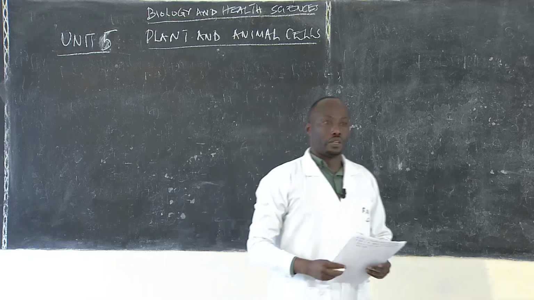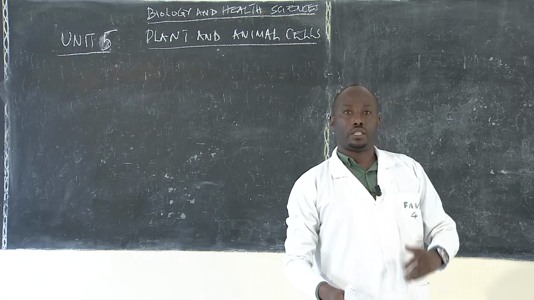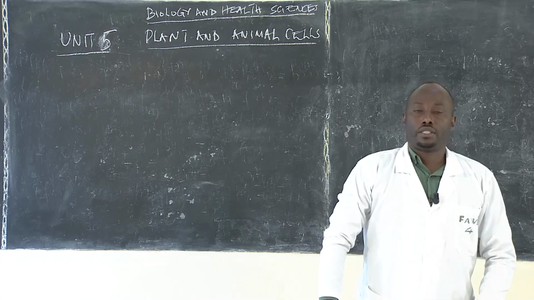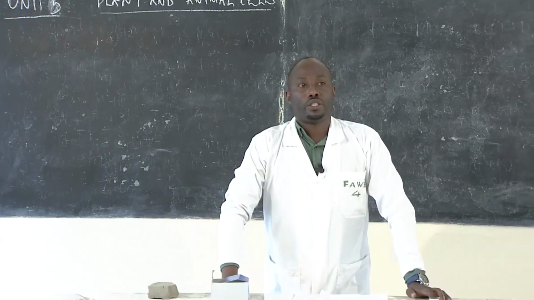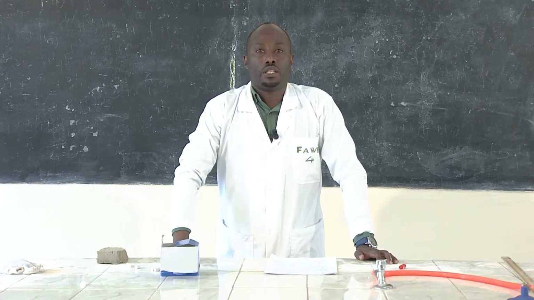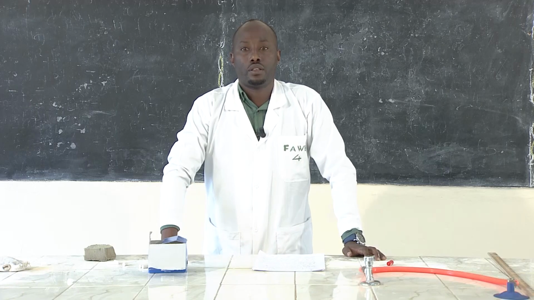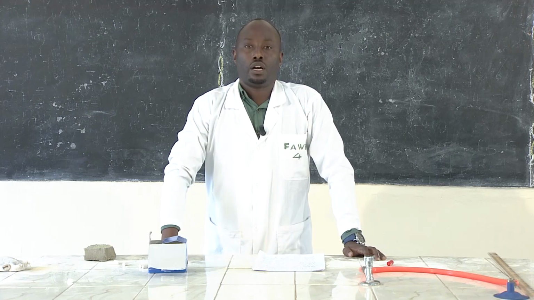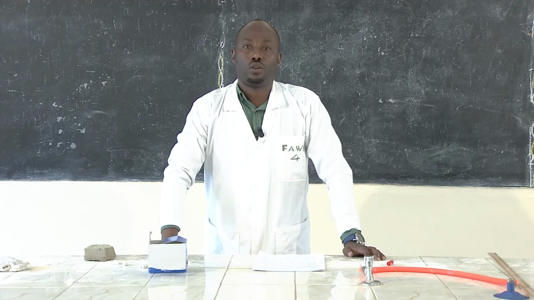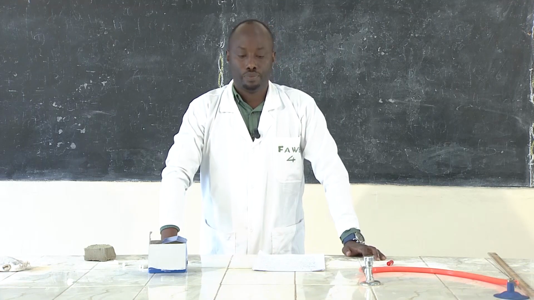So students, as you know, we started studying biology in Senior 1 in first term, where we said biology is the study of living things. And you said biology comes from two Greek words, bio and logos. Bio means life, and logos means the study.